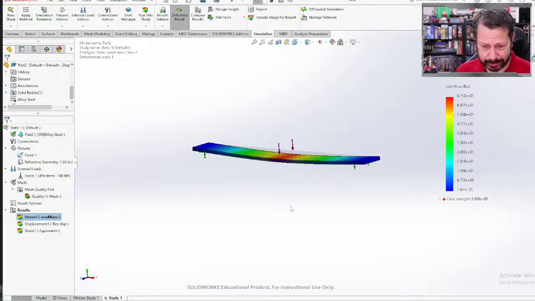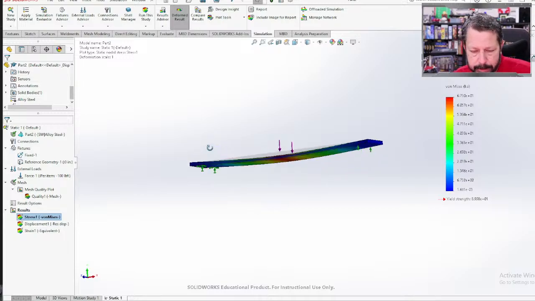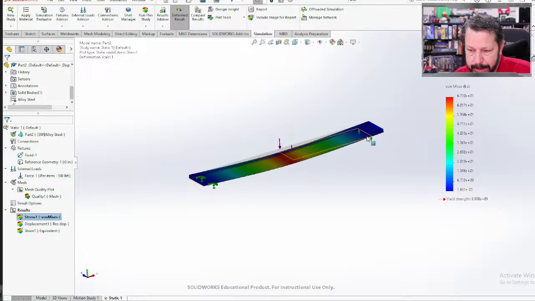A couple of little details: getting the roller over there versus another fixed support. With a fixed support, if you fix this line and that line completely, then when you push it down with the force in the middle, it's held tight at both ends, and you want it to flex downward, that's going to induce new tensile stresses in the part, which wouldn't be there if it's really sitting on rollers.